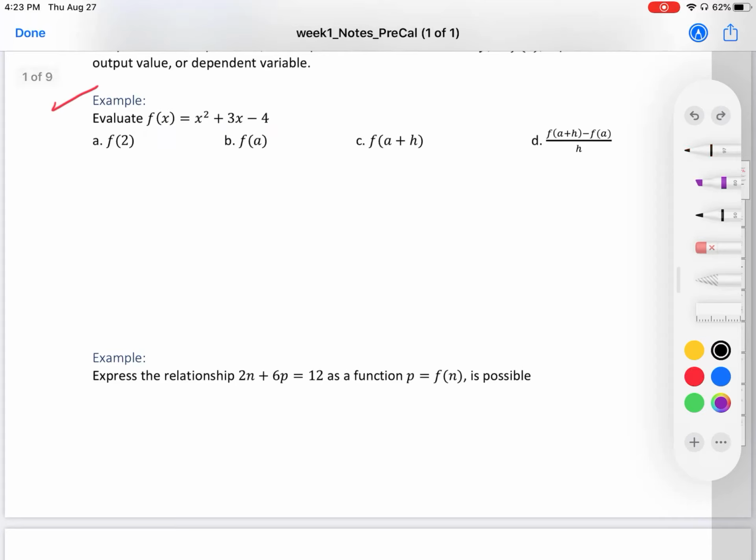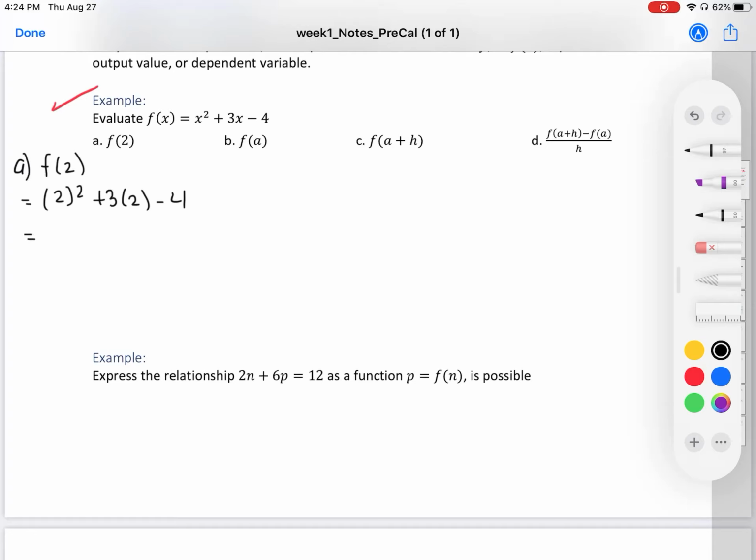Let's take a look at the first one, A, where it wants f of 2. This means that for every x, we're going to plug in a 2. So we have (2) squared plus 3 times (2) minus 4.